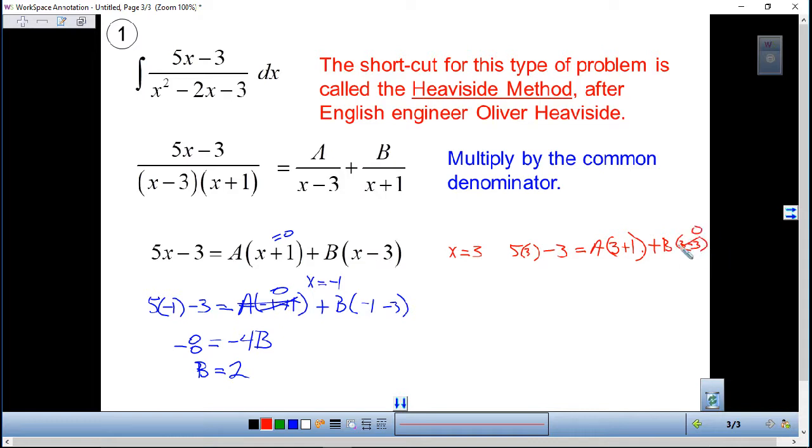Well, of course, that's 0, which means this whole term goes away, because 0 times b is just 0. So now we can simplify down. We're going to have 15 minus 3, which gives me 12, and a times 3 plus 1 gives me 4a. Divide both sides by 4, and a equals 3. So you'll see we get the exact same answer we had before. We have 3 over x minus 3 plus 2 over x plus 1.